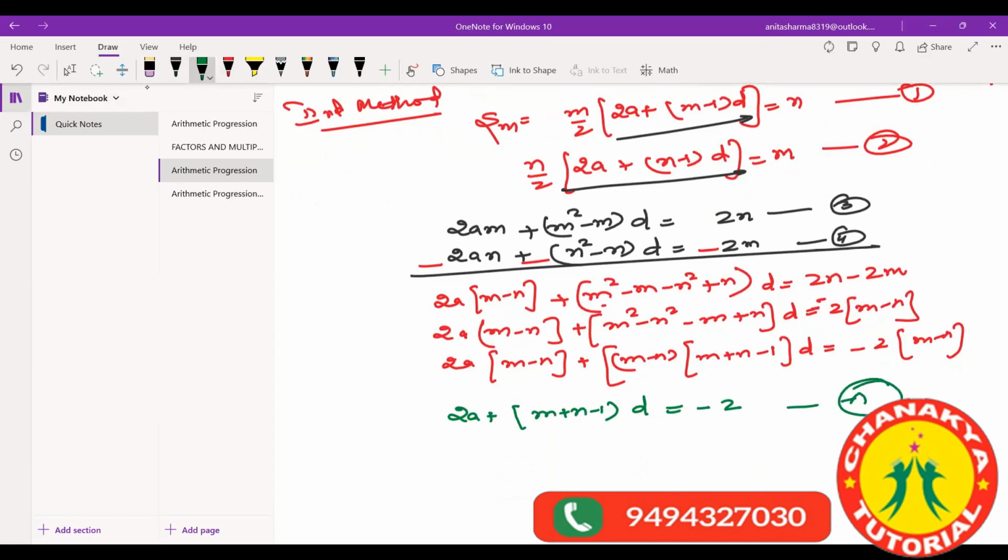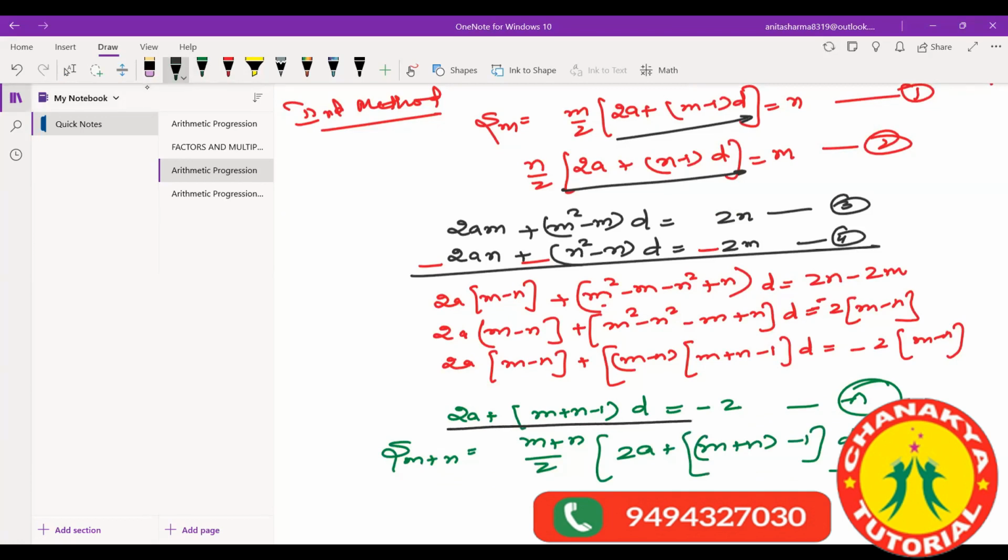This thing all have understood, beta? Yes, ma'am. Now sum of m plus n, what will be the formula? m plus n by 2 into 2a plus m plus n minus 1 into d. So see children, from equation A, we have got the value of 2a plus m plus n minus 1 into d is equal to minus 2.